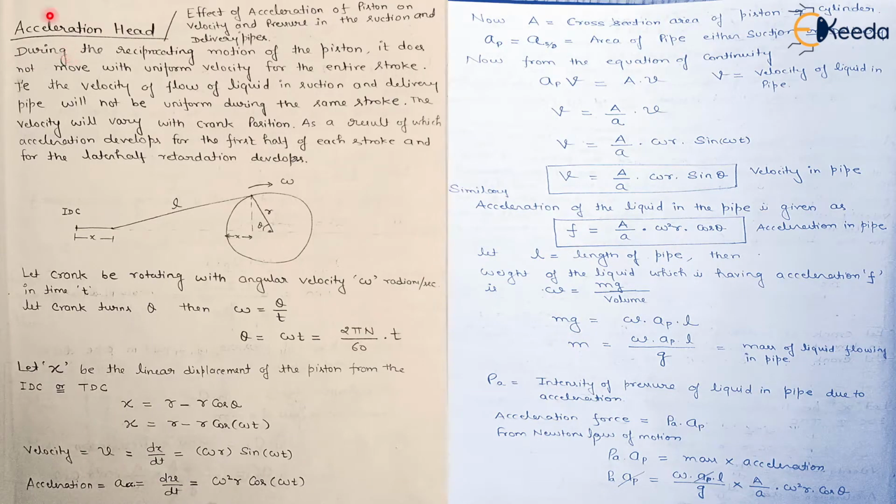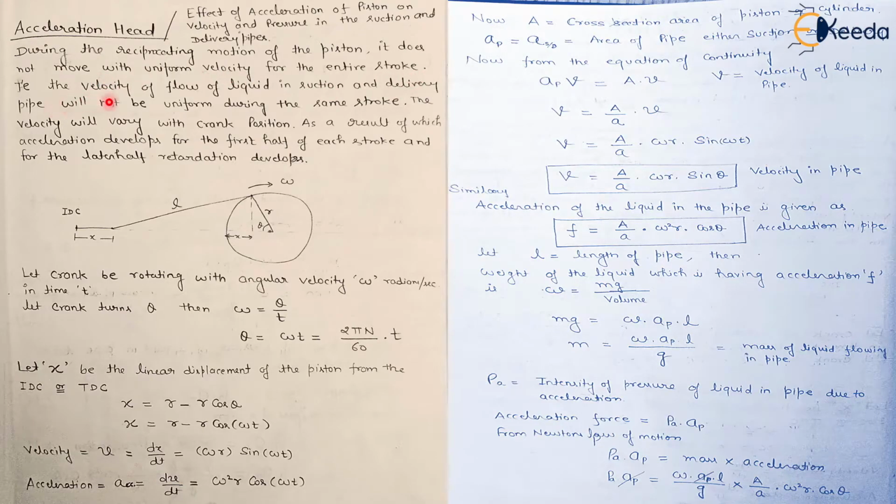Now let's see the acceleration head, or you can say the effect of acceleration of the piston on velocity and pressure in the suction and delivery pipe. You see here, during the reciprocating motion of the piston, it does not move with uniform velocity for the entire stroke.